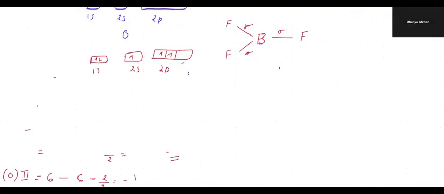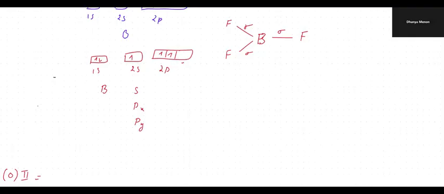Boron now has 3 unpaired electrons. There is an unpaired electron in 3s, in 2px, and in 2py. Let's not take the number, just the orbital.